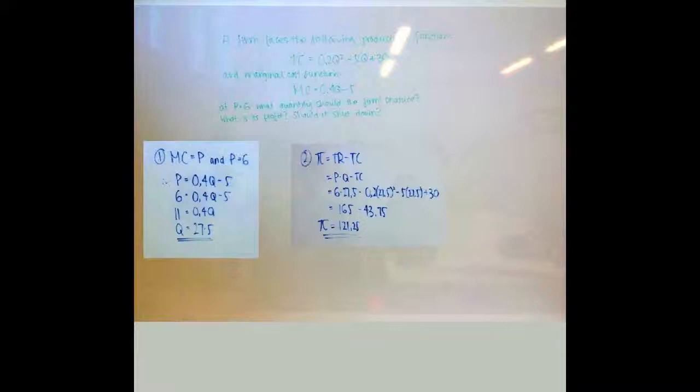So it would be 0.2 times 27.5 squared minus 5 times 27.5 plus 30. The total revenue is 165 and the total cost is 43.75. And to find the profit, we just have to subtract 43.75 from 165, which is equal to 121.25.